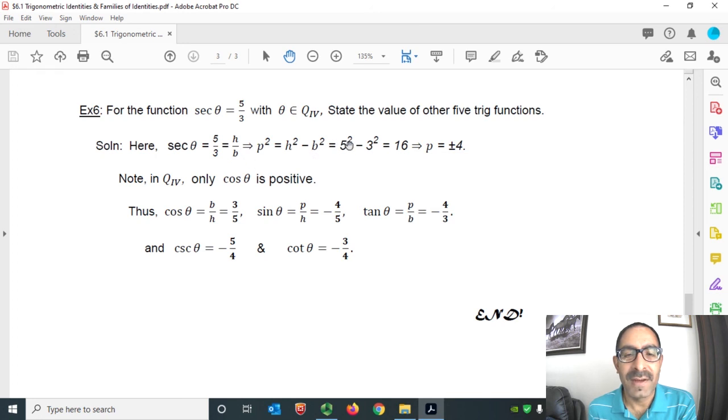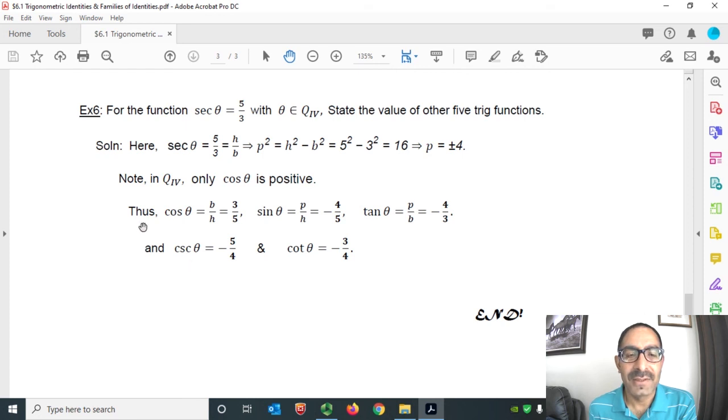Then using the Pythagorean identity, p square equals h square minus b square. So h is 5, b is 3, so 5 square minus 3 square, which is 16. So then the p value, taking the square root of both sides, p equals radical 16, which is plus minus 4. Note, in the fourth quadrant only cosine theta is positive.